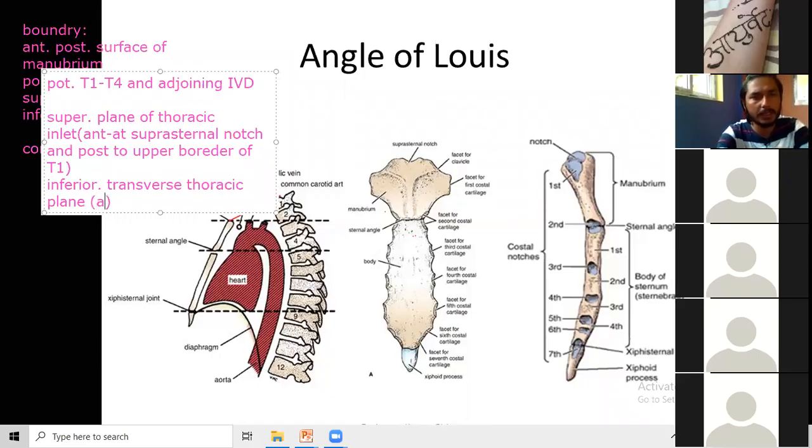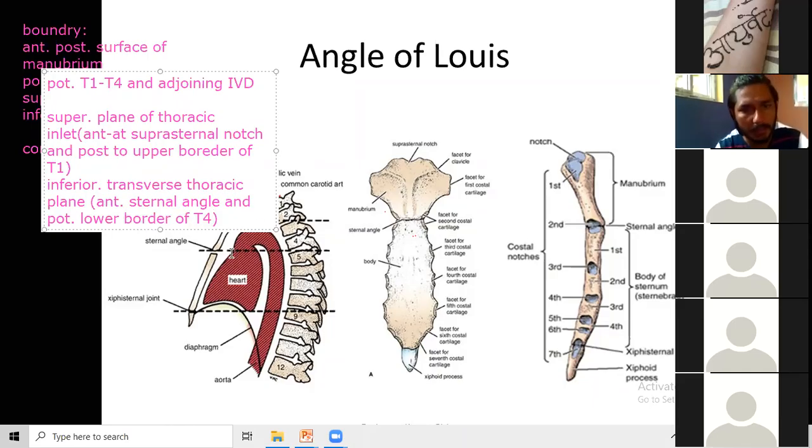It passes anteriorly at the level of the sternal angle and posteriorly at the level of the lower border of T4, the fourth thoracic vertebra. So this is the imaginary plane on the inferior boundary of the superior mediastinum. In the superior boundary of the superior mediastinum, there is again one imaginary plane, that is the plane of thoracic inlet.